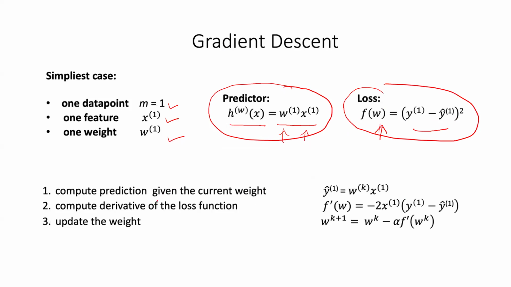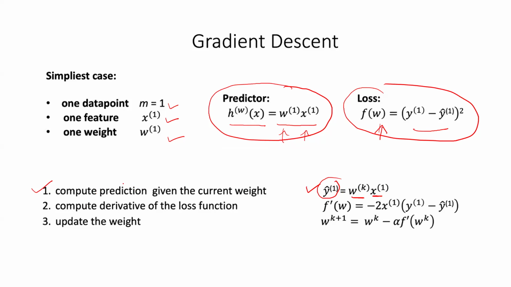What we are going to do in gradient descent is compute the prediction given the current weight. That is y hat: based on the different weights applied to the input x, we'll get the predicted output.